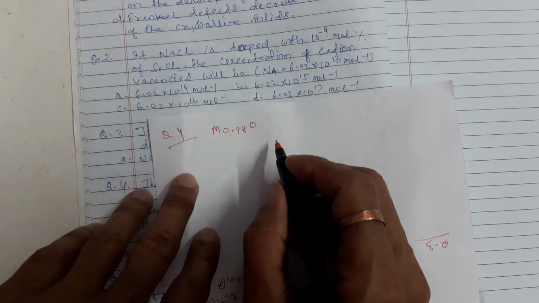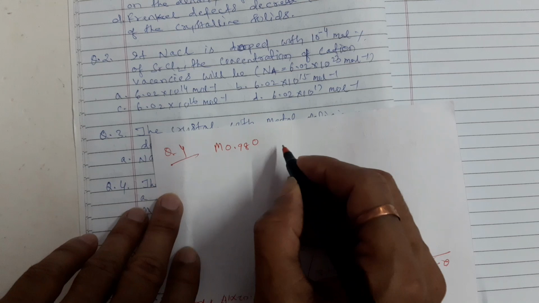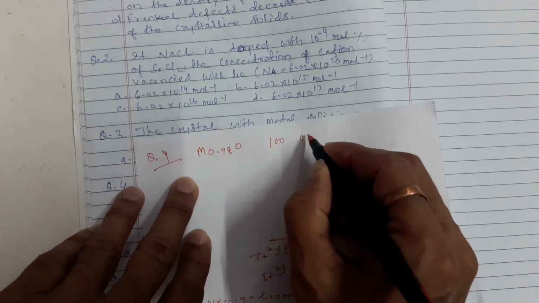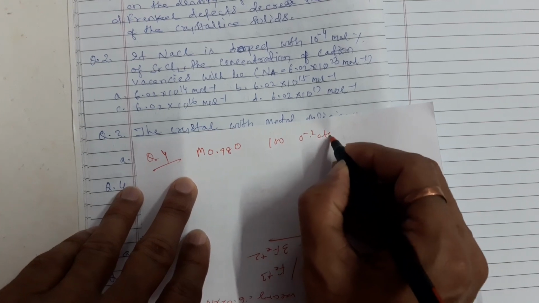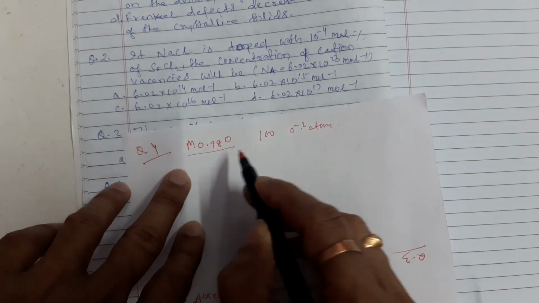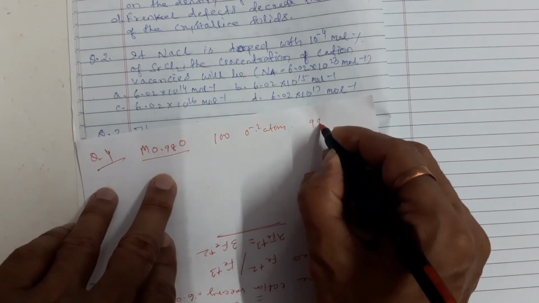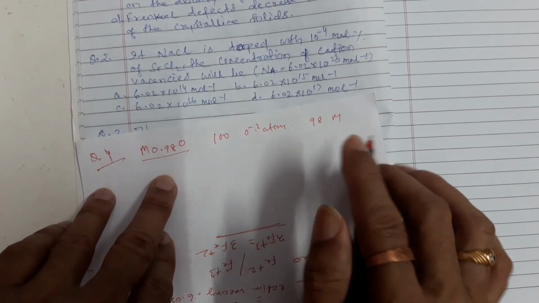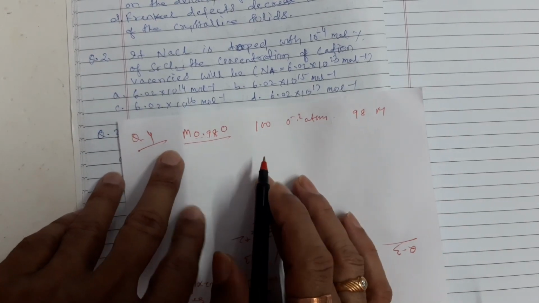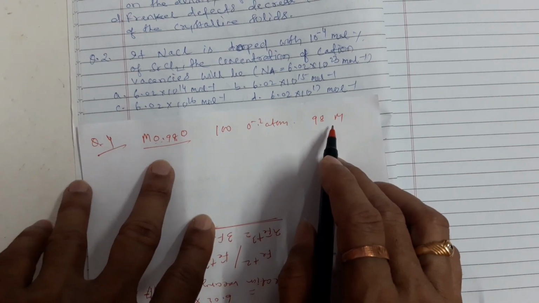It means if there are 100 oxide atoms present in the oxide, then 98 metal atoms are there. That is the meaning of M0.98O. If 100 oxide atoms are there, 98 metal atoms are there.